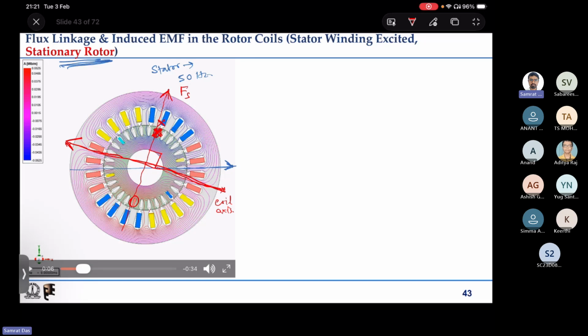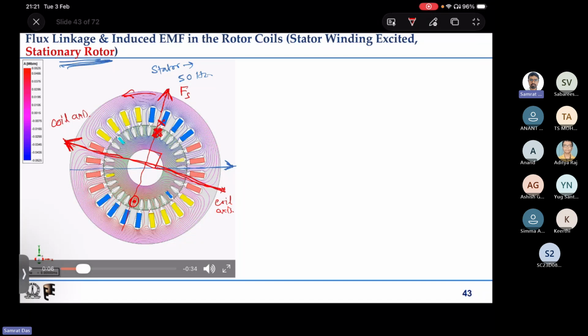So if this is cross and this is dot, then this is the coil axis, and at this instant the magnetic field axis, which was earlier here, has now moved and come here, getting aligned with the coil axis.